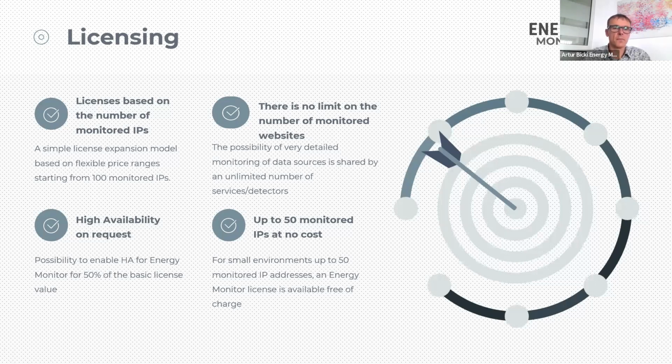We calculate them as 50% of the basic license. And that's simple, that's it. There are no more limits. You can put number of services as you wish. And important information: up to 50 monitoring devices, you can get Energy Monitor for free.